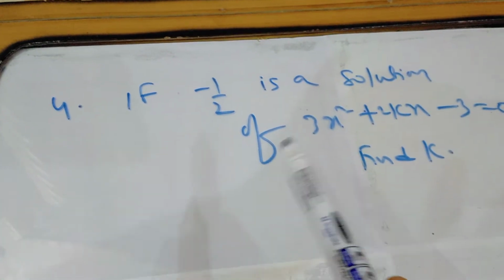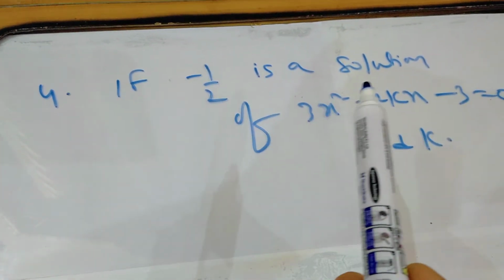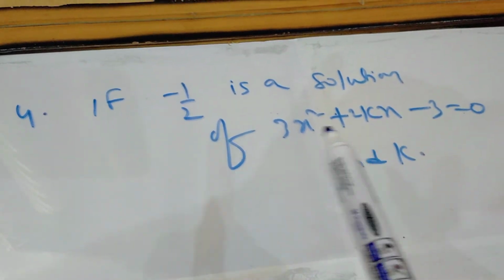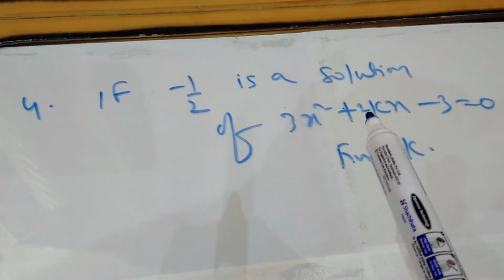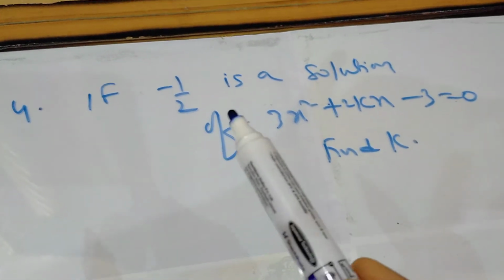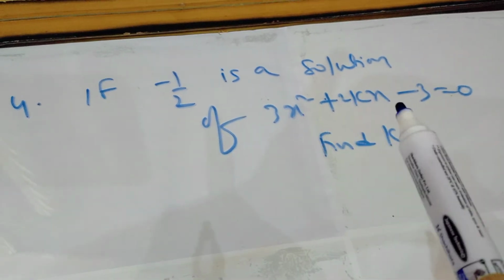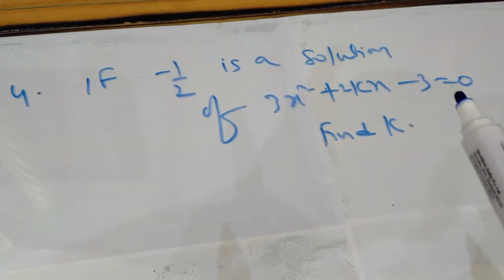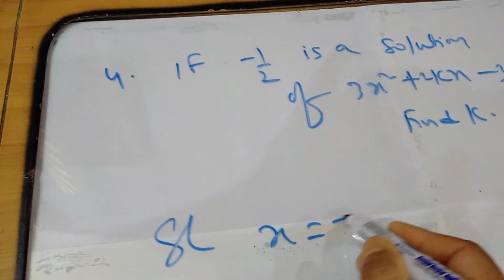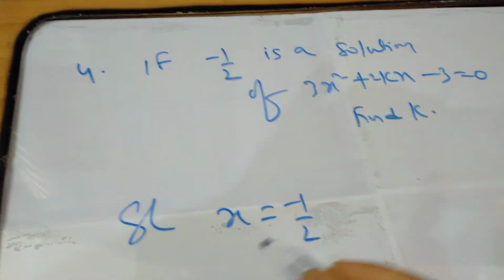In this question it is given that minus 1 upon 2 is a solution of this quadratic equation. So solution means it is a root of this equation, so it will satisfy this equation. Satisfy means if I substitute the value of x as minus half in this equation, it will be equal to 0. So let's do it. x is equal to minus half I am going to put in the given equation.